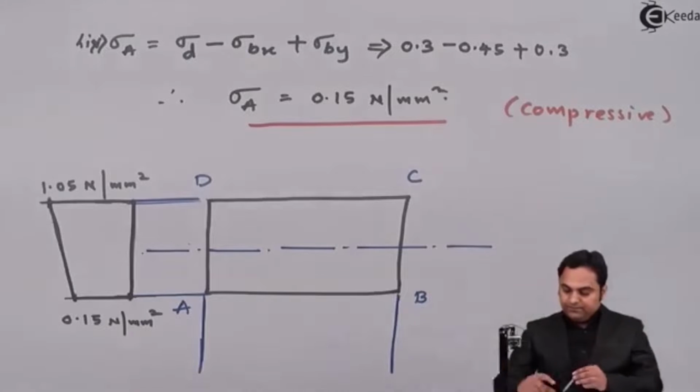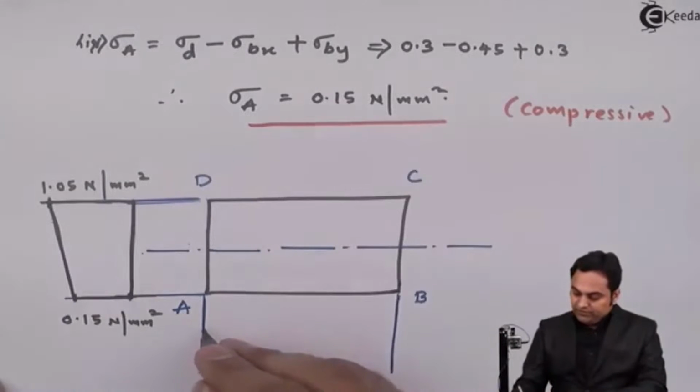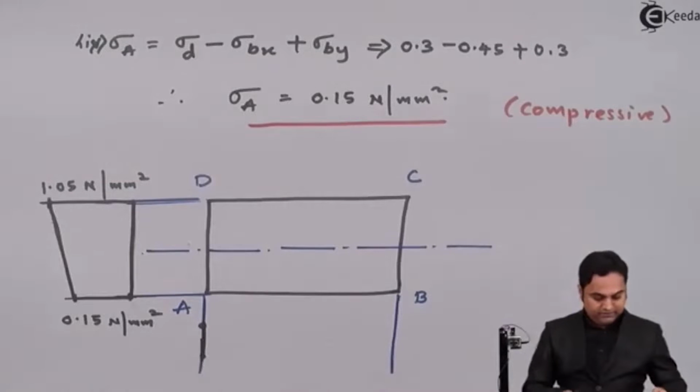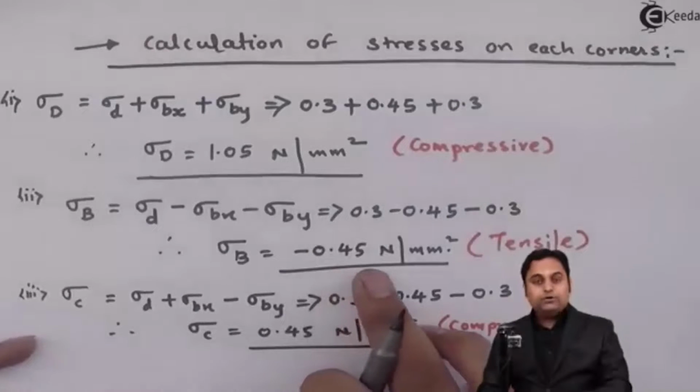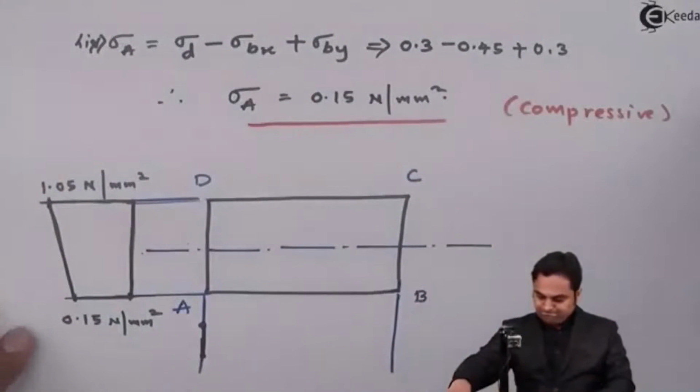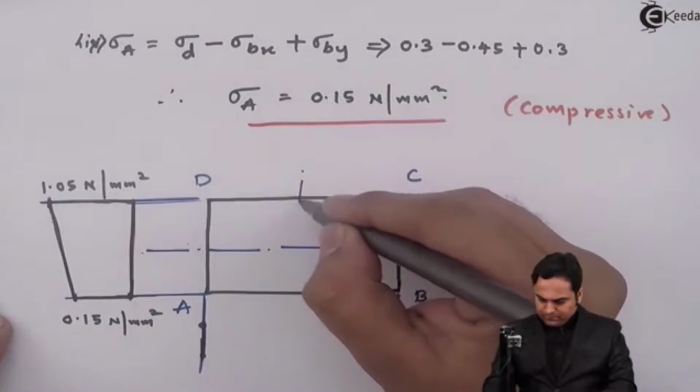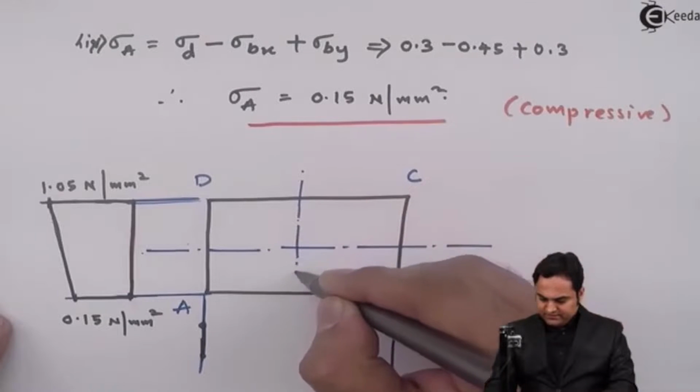At A again the value is 0.15. I'll take it as a value 0.15. But at B it is negative, minus 0.45. So I'm taking the y-axis exactly at half.